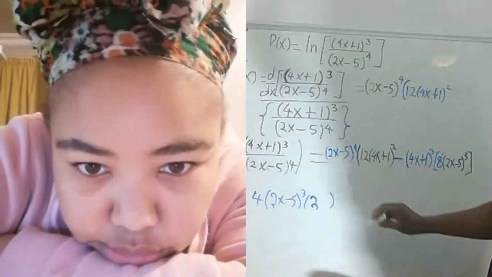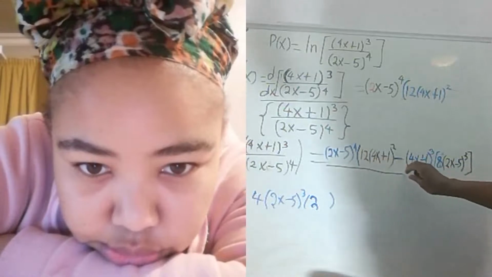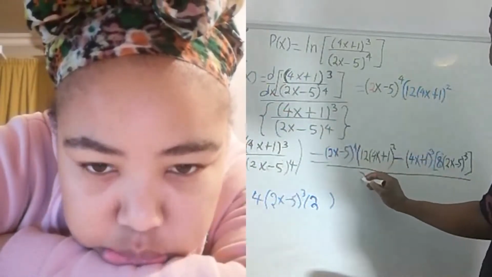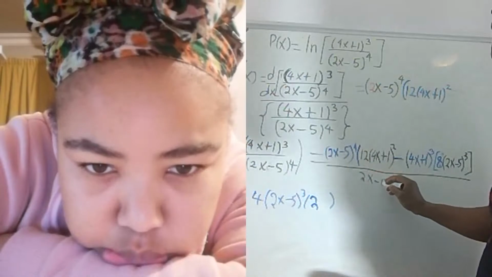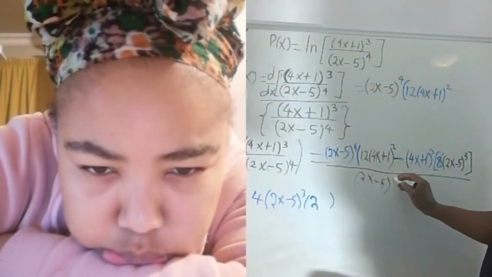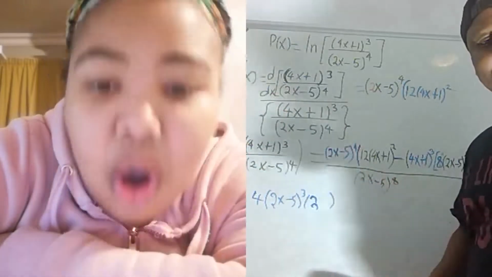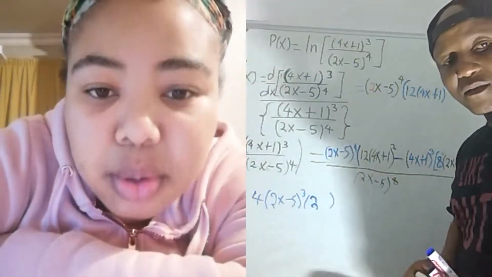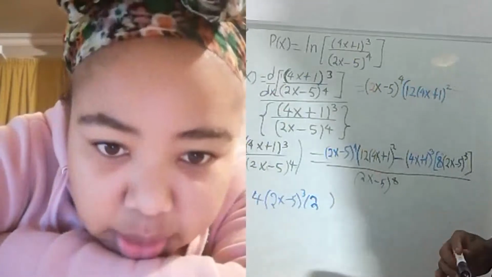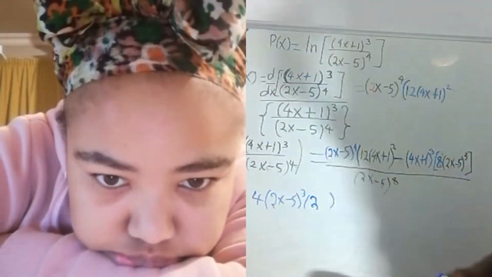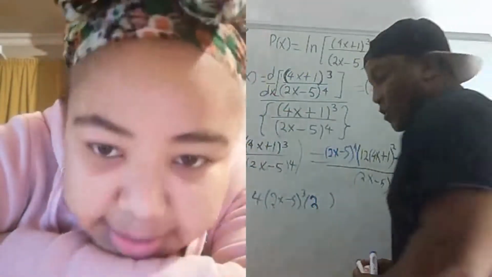And then we have over (2x minus 5) power 8, because we're still doing the quotient, so the denominator is squared. 4 squared is 8. Correct.